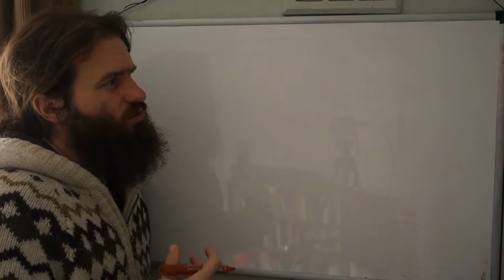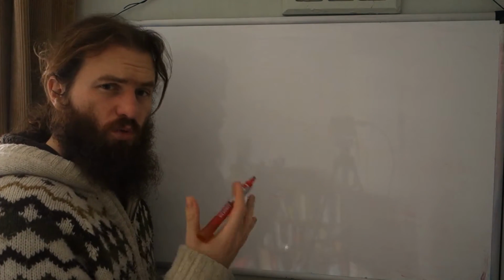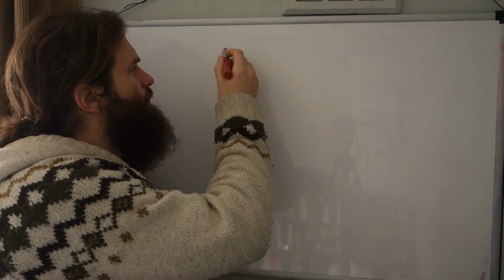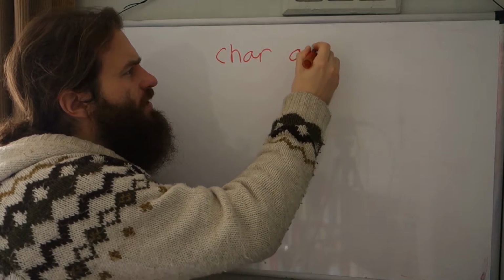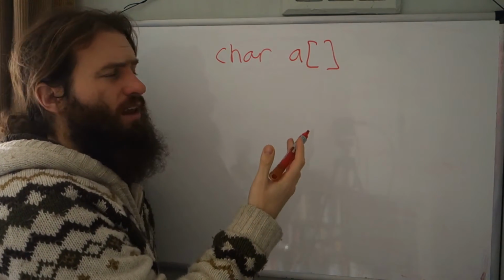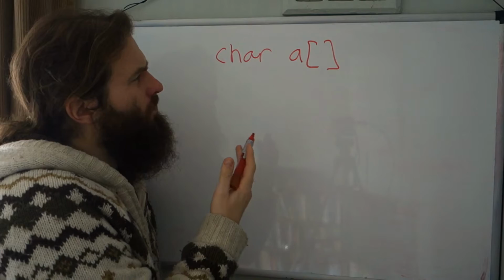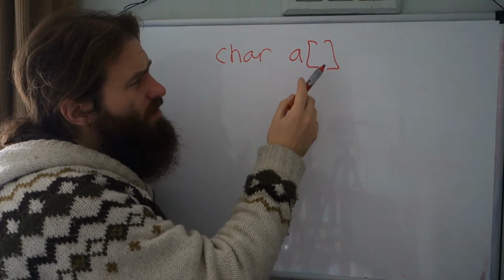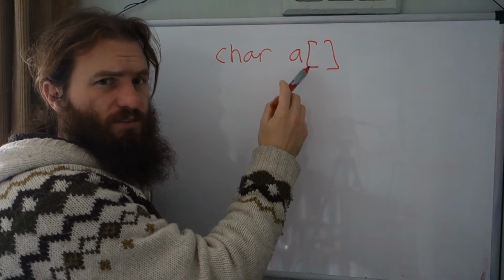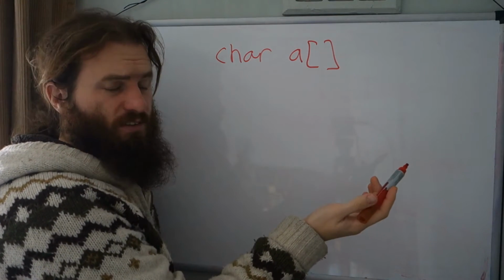If you wanted to declare a string, then one way of doing it is like this. So char a, the same way we would declare any kind of unsized array. And of course, when we declare an array without specifying a size, we need to specify the data.